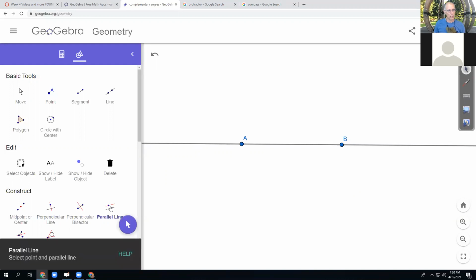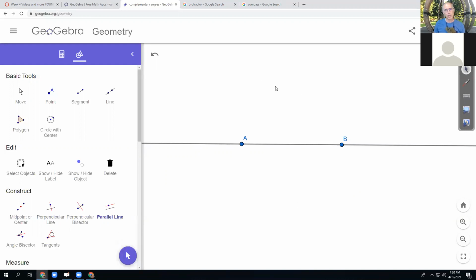So if I click on parallel line, it says, okay, select a point and a parallel line. So I don't have a point yet, but it's waiting for one anyway. So I should just be able to click out here and it will make a point for me. And then I can just click on this line down here. So it just made a line through C parallel to line AB.